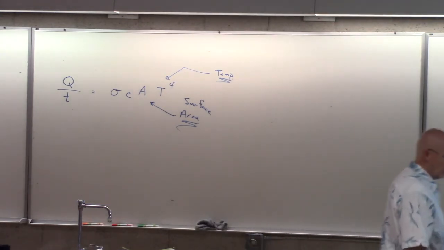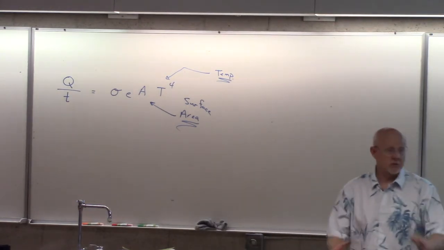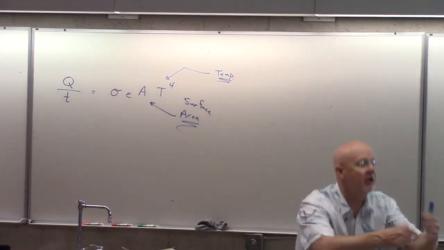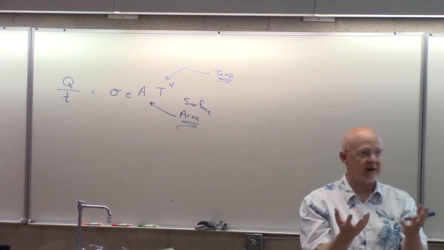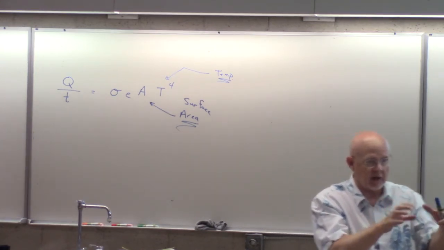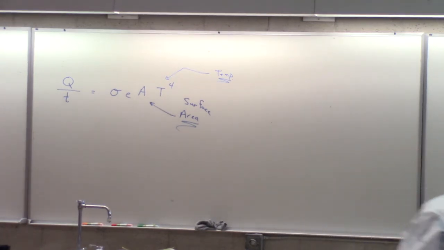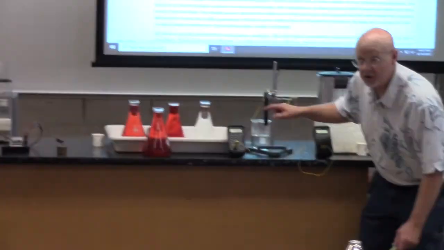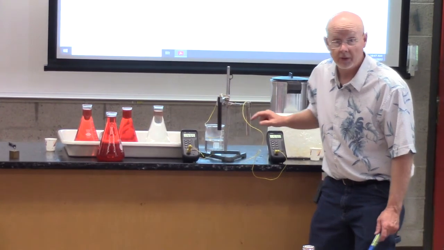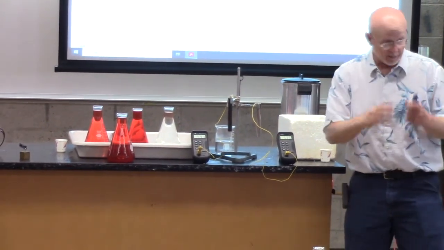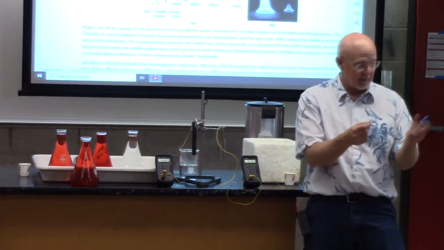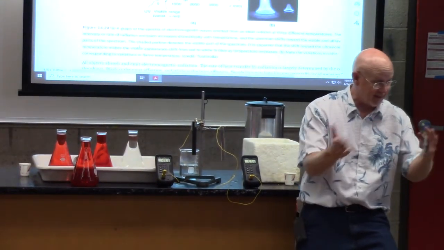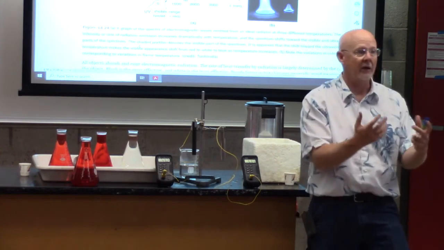If this was the sun and I wanted to know how much energy was radiating from the sun, I would need the surface area of the sun, because the sun is giving it off all over the whole surface area. If it's this little experiment, I would say it has to do with the surface area of this test tube, which is why both test tubes, to compare them, would have to have the same area to make sure I'm comparing just the color of them, not the area of them.